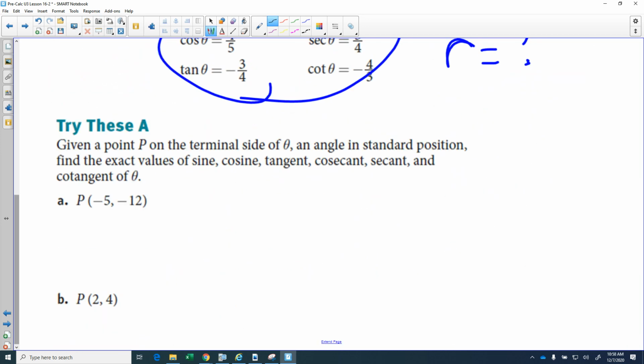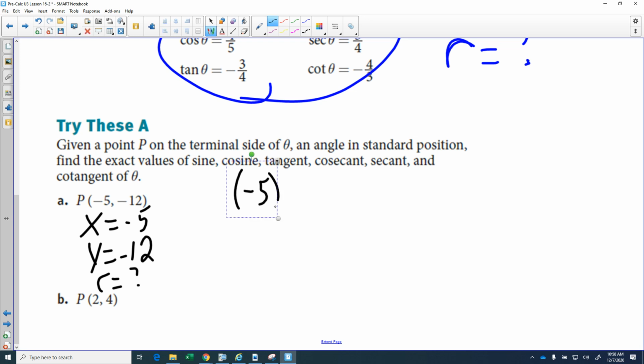So let's say we were given a very similar problem. Let's say we were given P where it's -5 and -12. Well, first and foremost, let's go ahead and find our radius. If I have a P of -5 and -12, that tells me x equals -5, y equals -12. And now I just want to figure out what is my radius of the function. Well, to solve that out, I need to do the Pythagorean theorem.